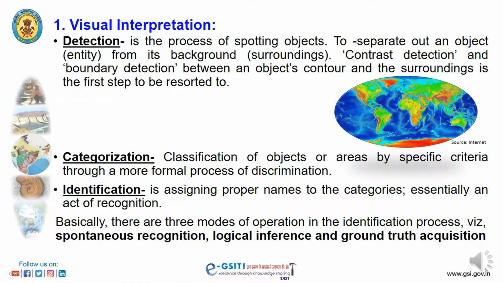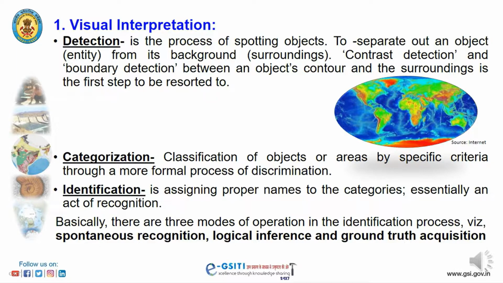Visual interpretation. Visual interpretation involves detection, categorization, and identification of features. So what is exactly a detection? The image which is given on the screen, you can see it is representing our globe in some colors. What those colors are giving as a part of information?